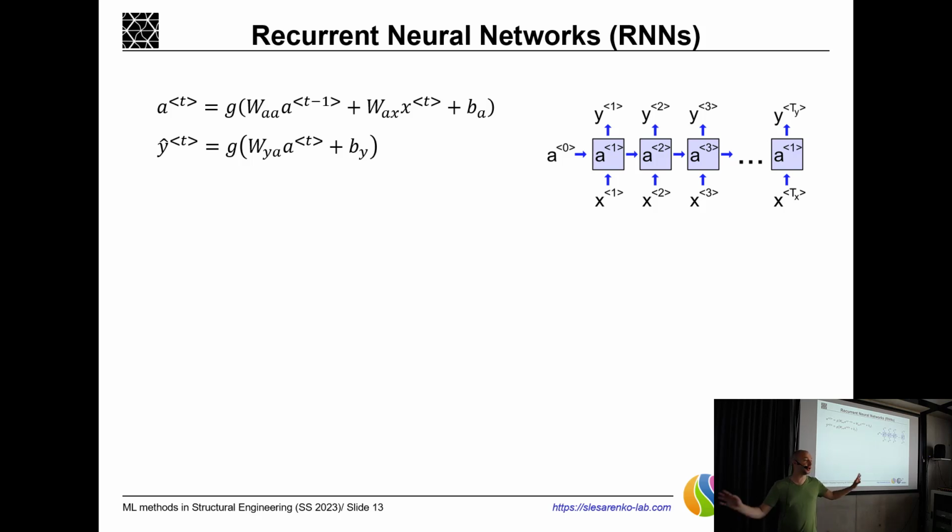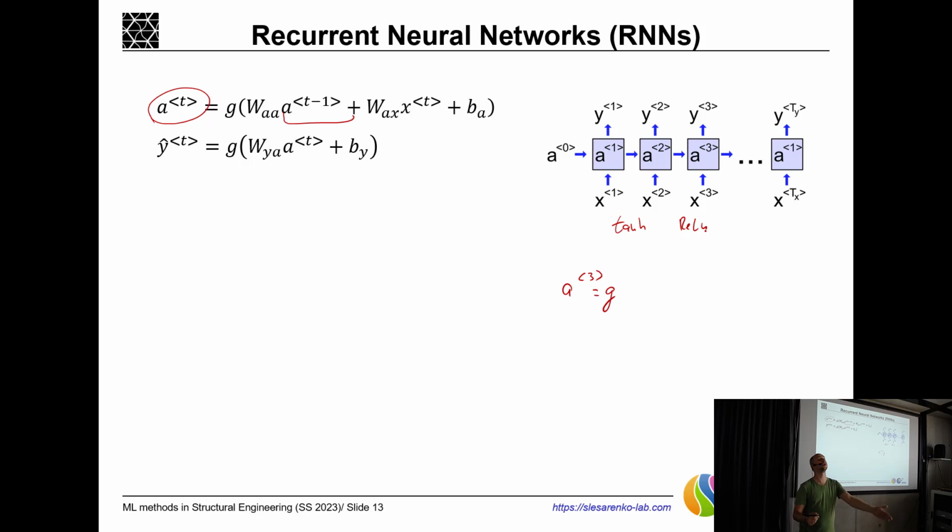So if we would like to write it officially, more or less mathematically, that's how it looks. What happens here is each element gets the previous input. So let's say A3 will be equal to g of something. What is g in this case? It's just our nonlinearity. Usually it's tanh, the hyperbolic tangent, or in some cases even ReLU.